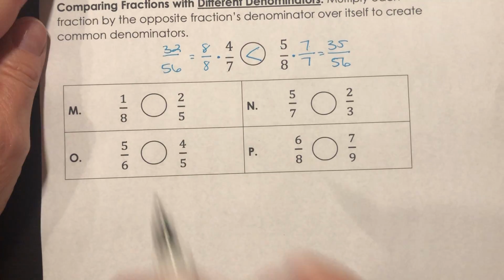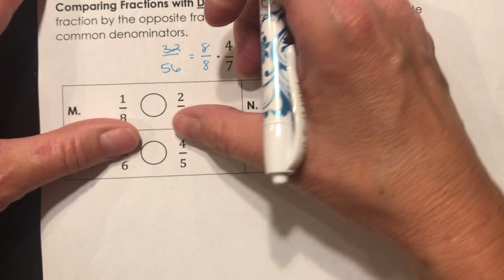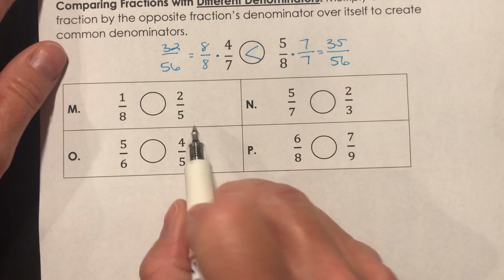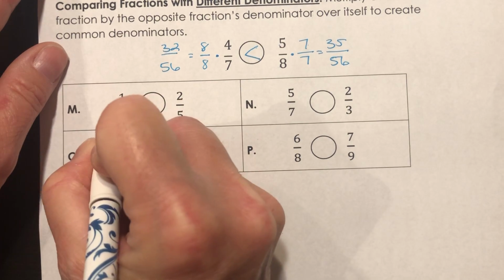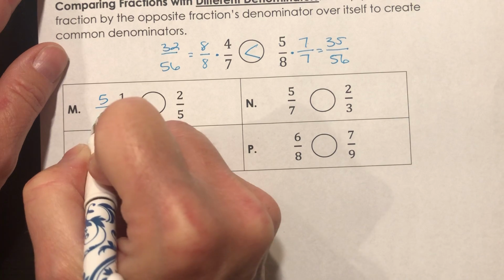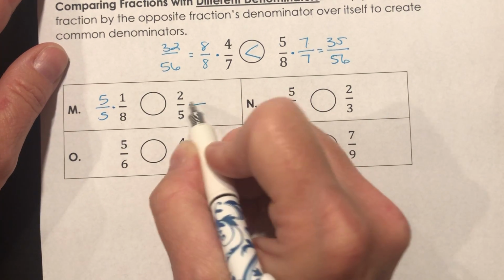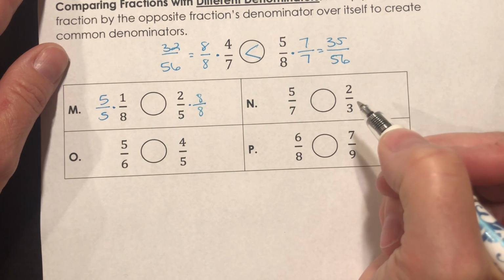All right, so let's try a few. I have 1/8 and 2/5. Do my denominators match? No. Do my numerators match? No. Is 5 a factor of 8? No. So I'm going to multiply this fraction by the opposite fraction's denominator over itself, and I'm going to multiply this fraction by the opposite fraction's denominator over itself.